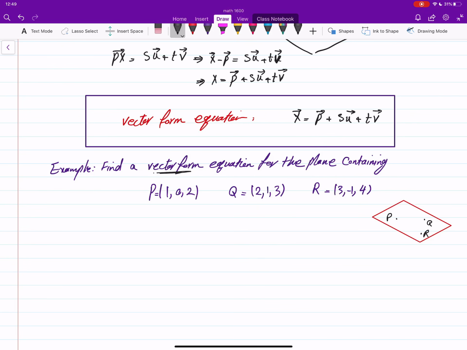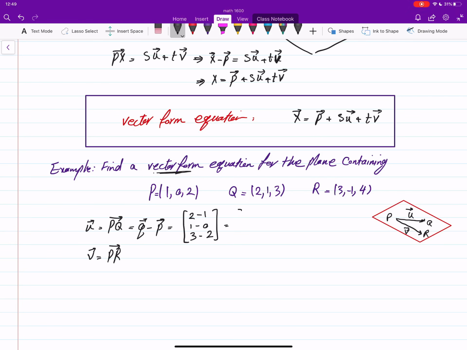To write vector form, we need 2 parallel vectors, and we can use these points to generate 2 vectors. I will call PQ as U and PR as V. So U is PQ and V is PR, and this is Q minus P, which is Q, 2, 1, 3 minus P, 1, 0, 2.